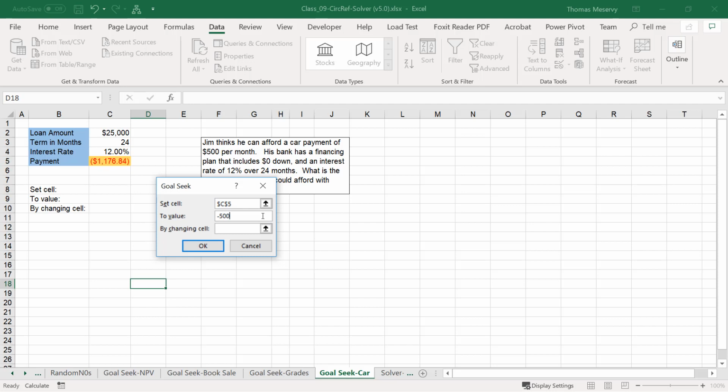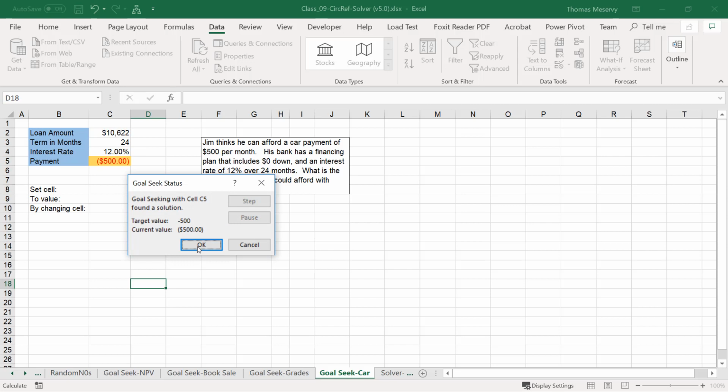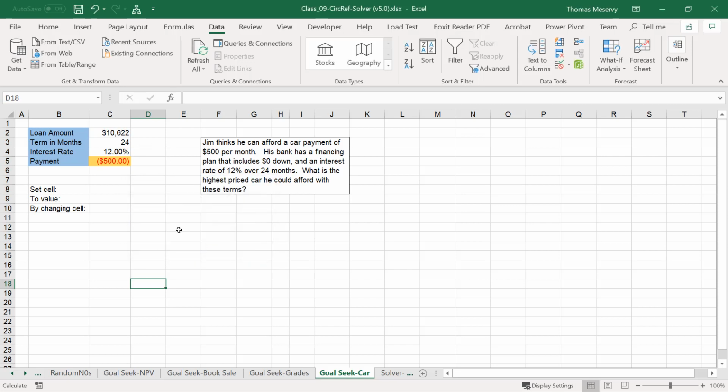You've got to get in that mentality. Outflows are negative, inflows are positive. Here, we received a loan, that was an inflow, and our payments out every month are outflows. So negative 500. And what cell are we going to change? We'll change the loan amount. We'll say okay. And there we get $10,622.